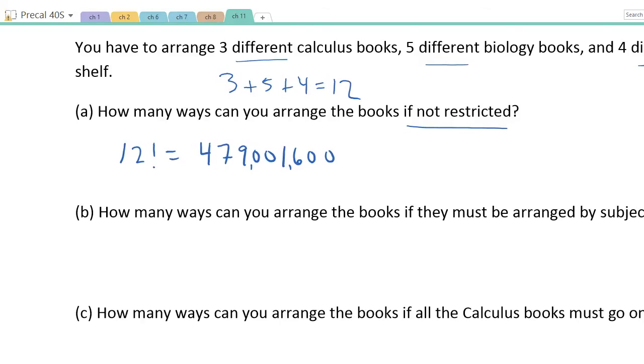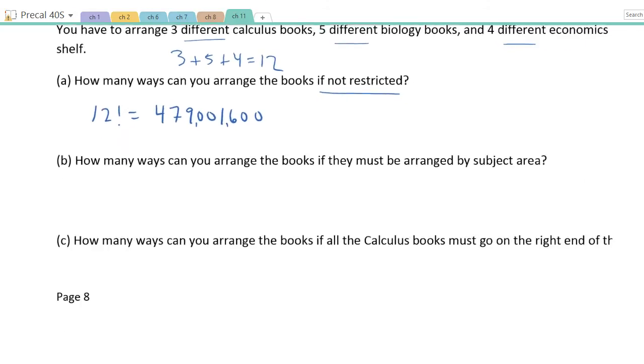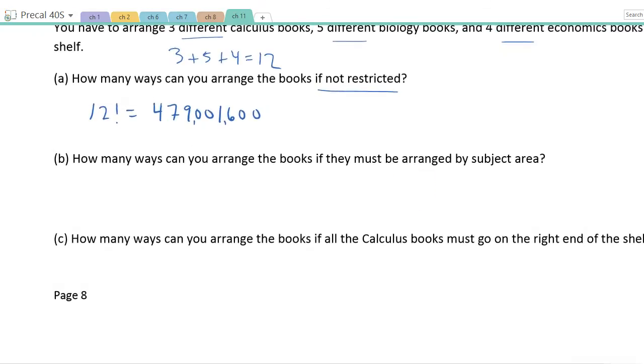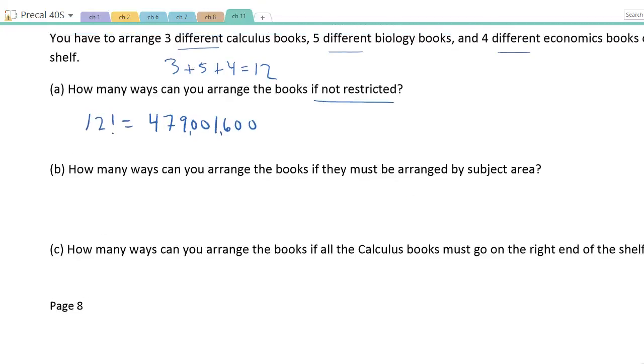And the next question is, now, how many ways can you arrange the books if they must be arranged by subject area? So, in other words, I need to put all the calculus books together, all the biology books together, and all the economic books together. So it's kind of like in our previous question where I had A and B must sit together.